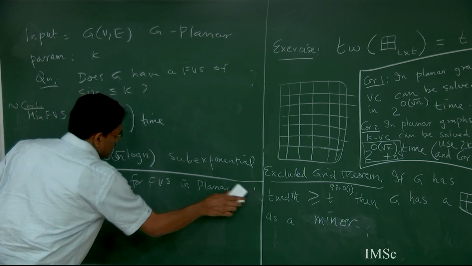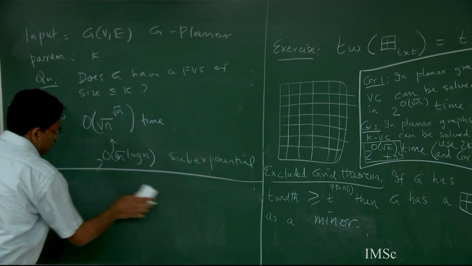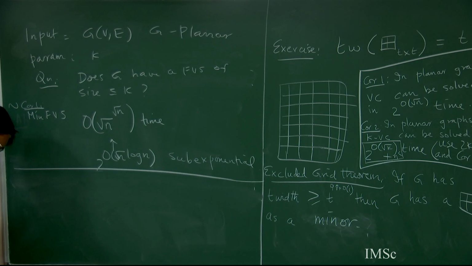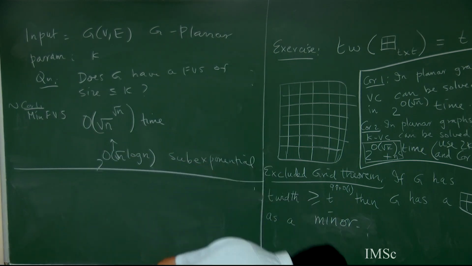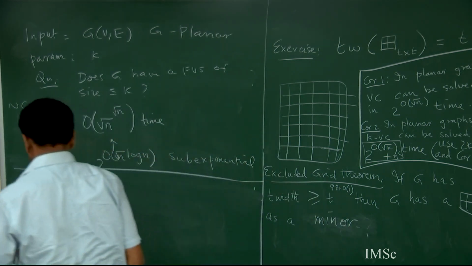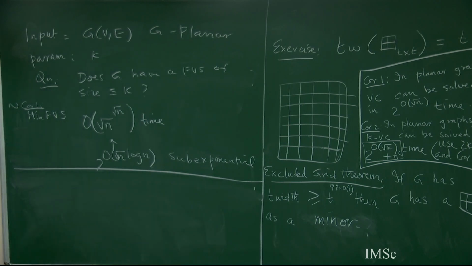So here is a better one. In general graphs, we saw that if the vertex cover is at most k, tree width is at most k. Similarly, if the feedback vertex set size is at most k, tree width is at most k plus 1. Now I want to refine it on planar graphs and say something stronger.